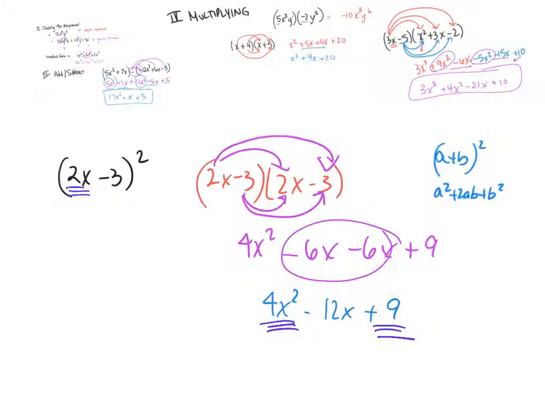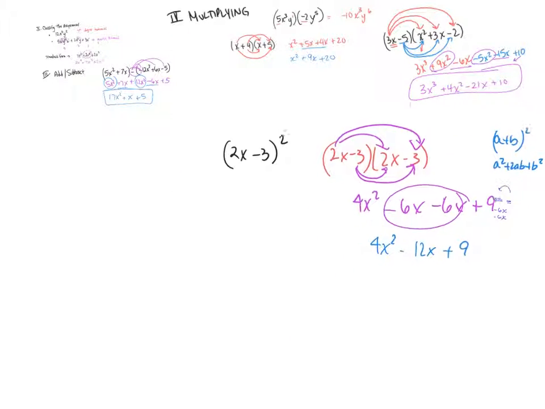The last term is the last term, negative 3 squared. And the middle term is when you multiply the two numbers, negative 6x, you double them. That's where you get the negative 12x. That's where the shortcut comes in.